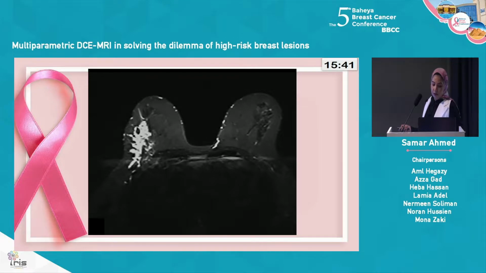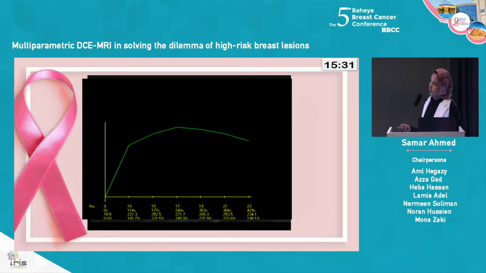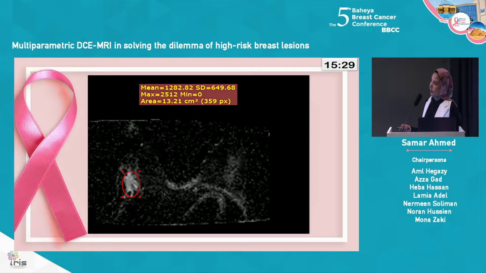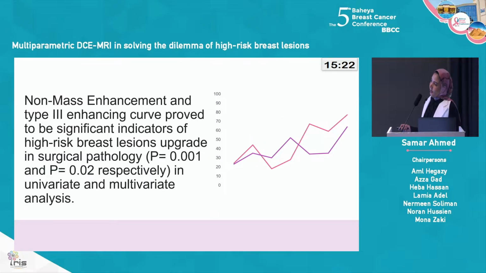Dynamic contrast enhanced MRI revealed right breast upper outer quadrant focal segmental high STIR signal, showing non-mass enhancement and type 3 curve, and ADC value of 1.28. In this study, non-mass enhancement and type 3 enhancing curve proved to be significant indicators of high-risk breast lesion upgrade in surgical pathology.